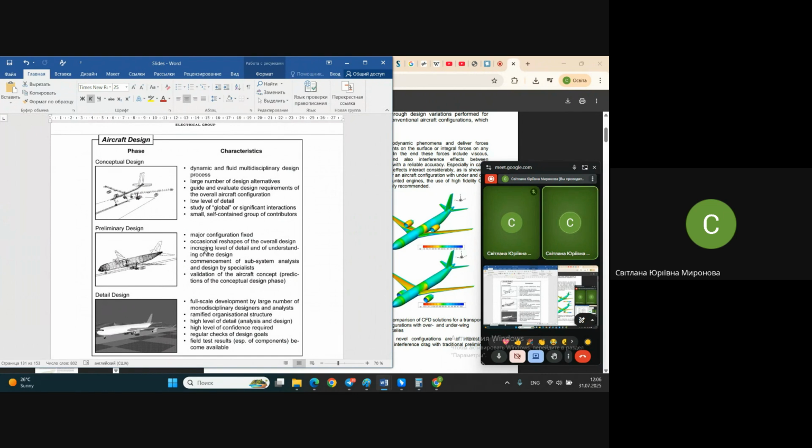the major elements of geometry design. We understand outer sizes. It comes at this stage. It comes about aerodynamics of the airplane, and it comes about the weight of the airplane already, so-called zero weight iteration.